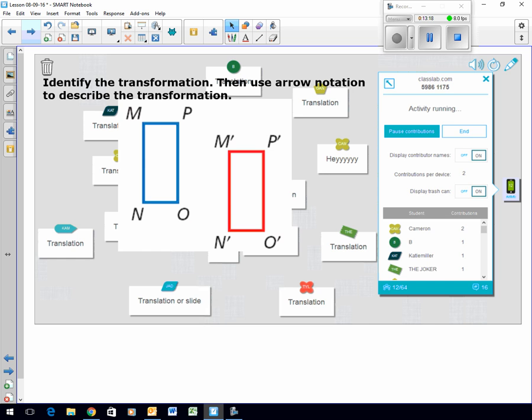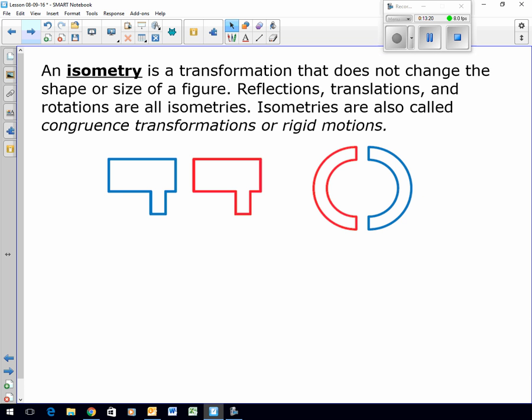Okay, we're done. New word, isometry. Big word, I know. An isometry is a transformation that does not change the shape or size of the figure.